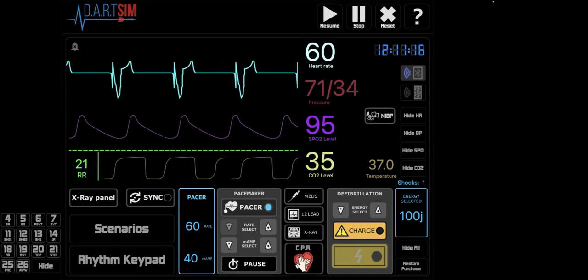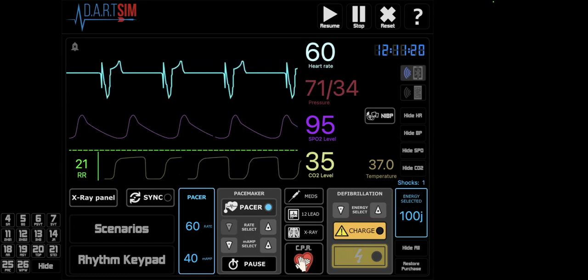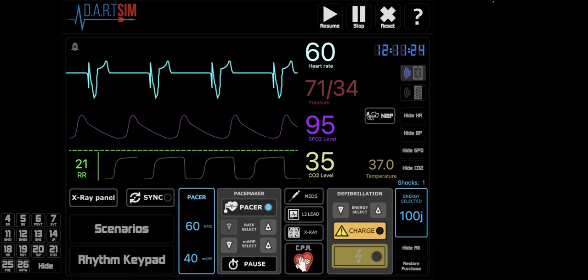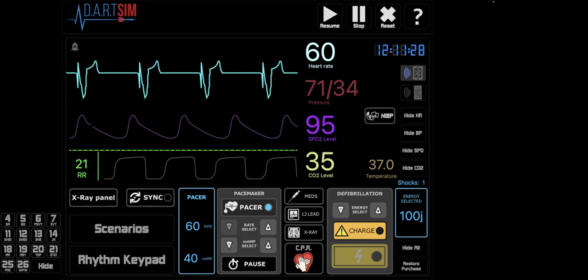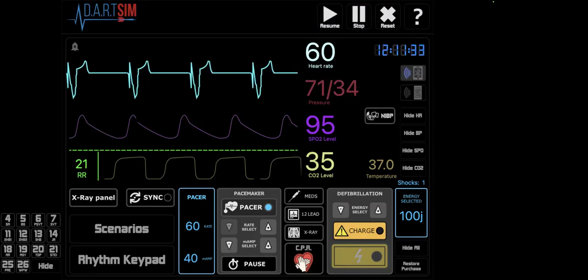This could potentially be causing some significant pain. The thing with pain is oftentimes it will help increase the blood pressure. And in this patient, it didn't increase the blood pressure.